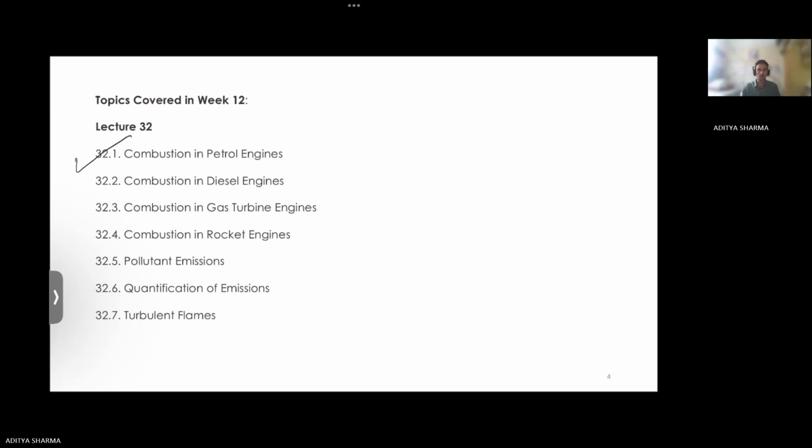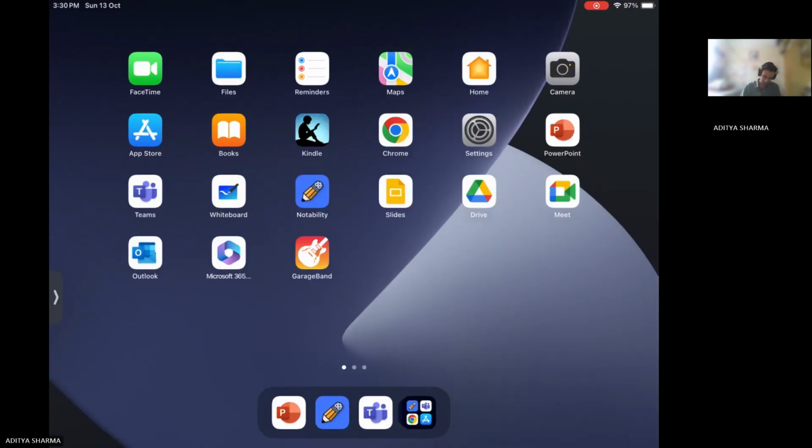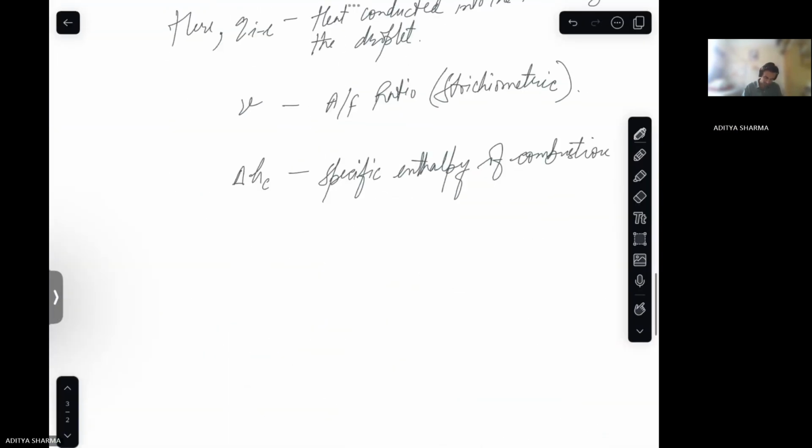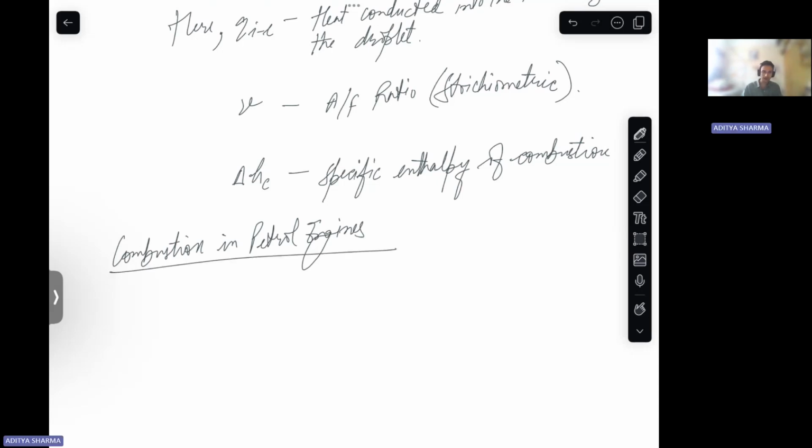In the combustion that takes place in petrol engines, this combustion process is divided into three regions. First is ignition and flame development.